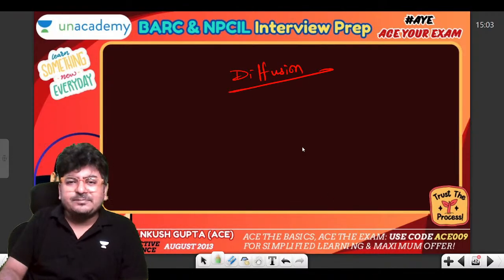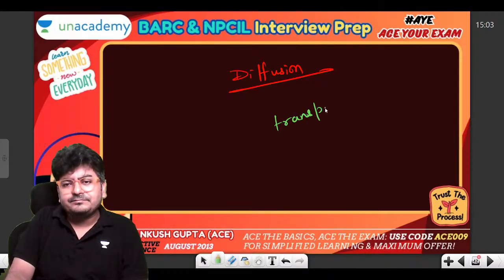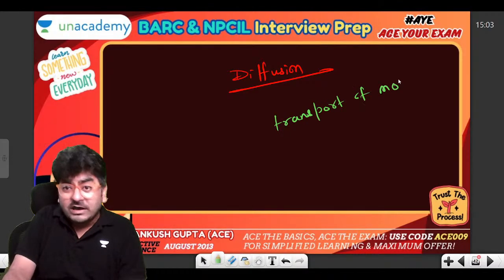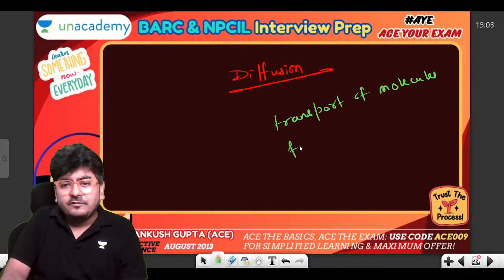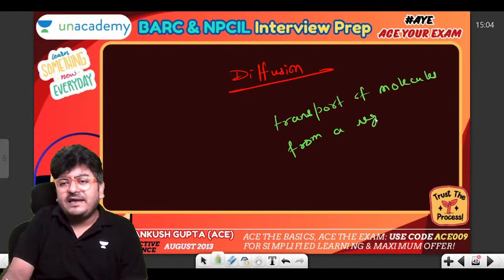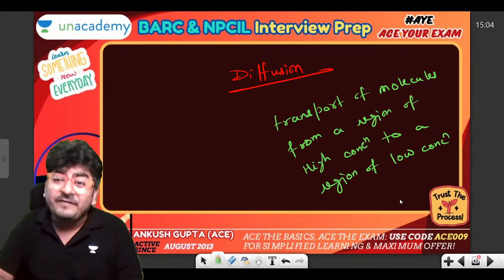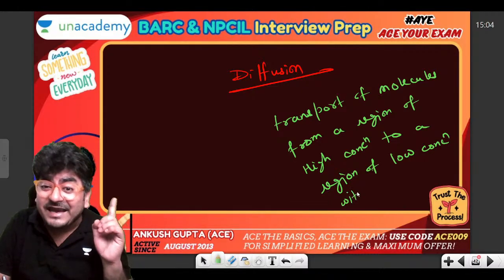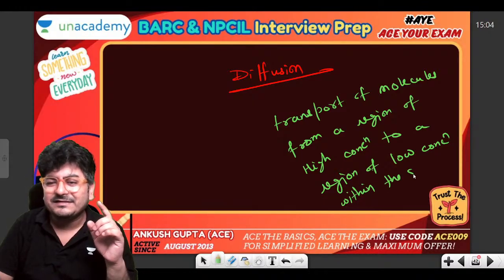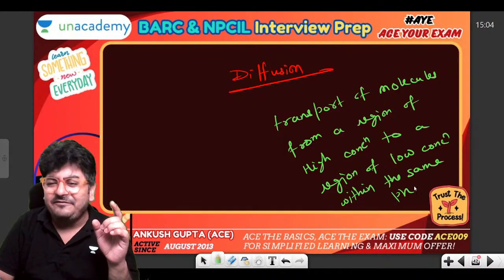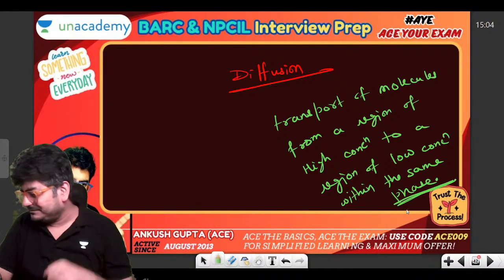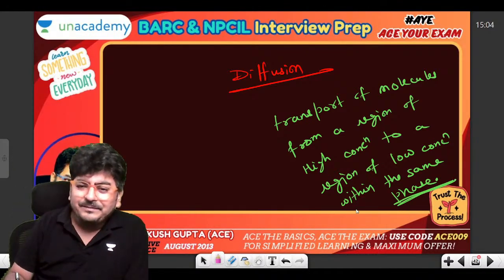Diffusion is transport of molecules from a region of high concentration to a region of low concentration, within the same phase, or you can say medium. This is what you have studied.